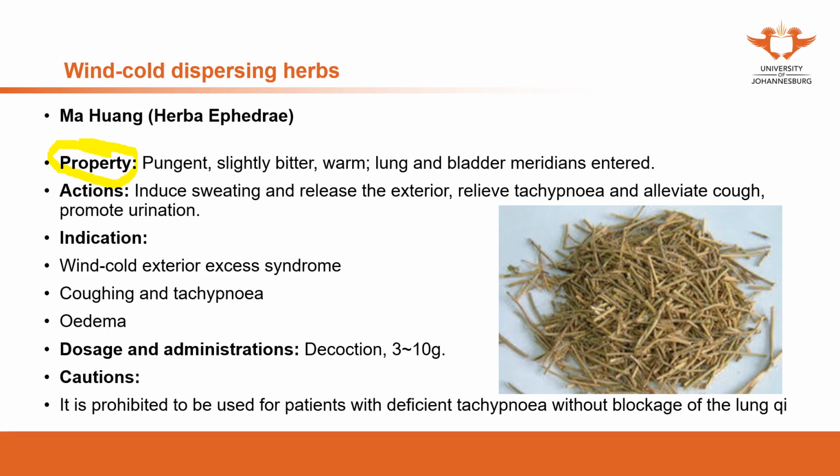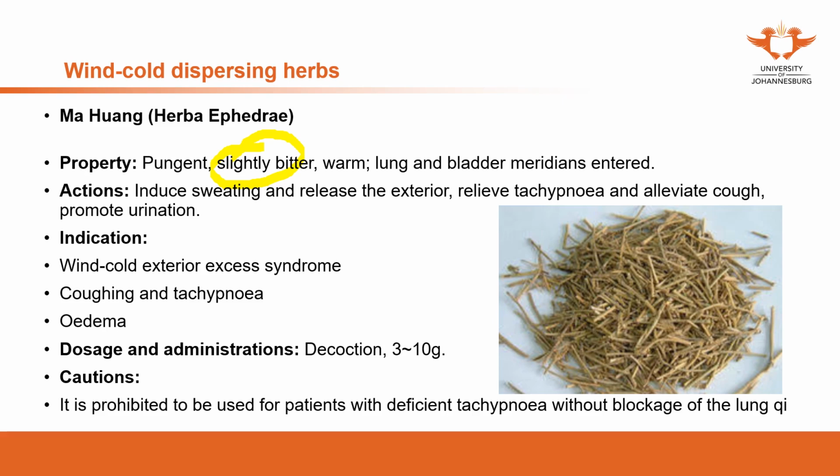As long as you remember that Mahuang is in the category of wind cold dispersing herbs, this group of herbs has the properties of pungent, warm, lung and bladder meridians entered. So when you study Mahuang, all you need to remember is slightly bitter.